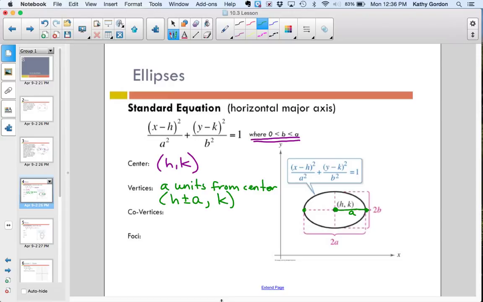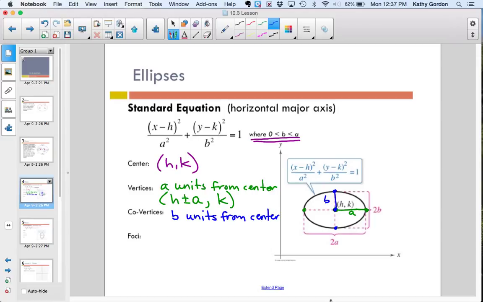For the co-vertices, the co-vertices then are going to be b units from the center. So from this center point up to here is b units. That's where one co-vertex will be. The other co-vertex is going to be down there. So if I'm starting here at h, k for center, what has to change to get that point?